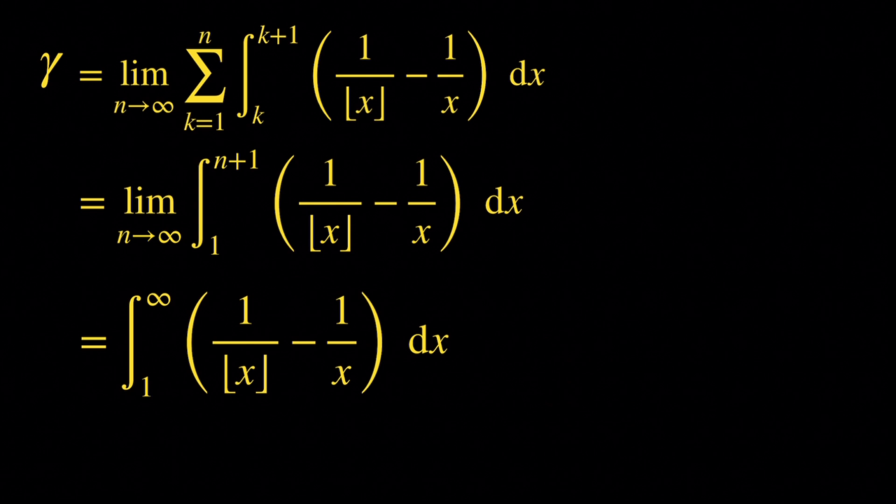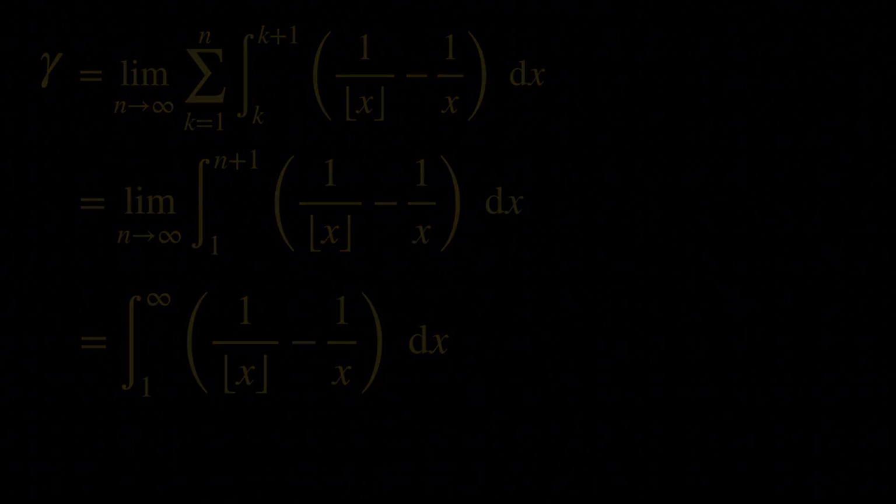Now let's look at more complicated representations of gamma. So this time we're going to start with H_n. Well, H_n by definition is the sum as k goes from 1 to n of 1 over k.